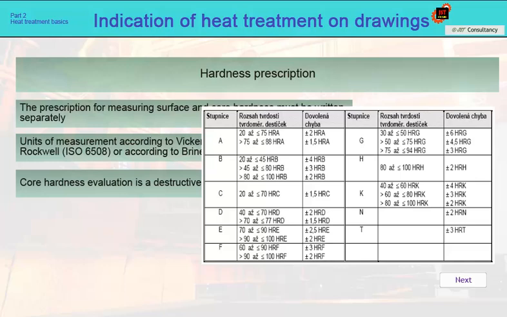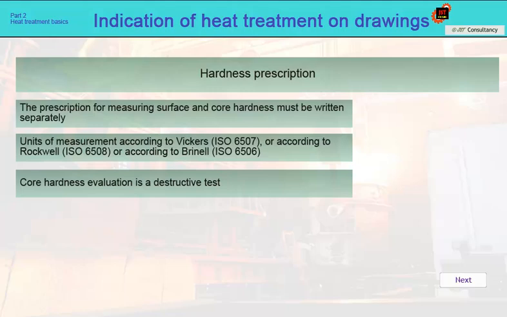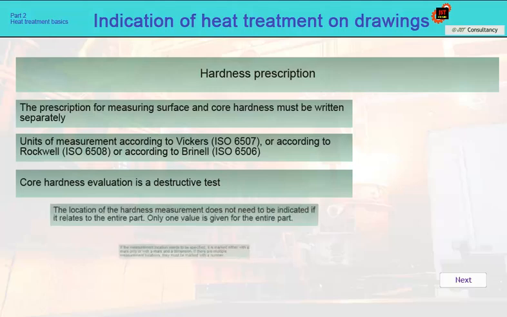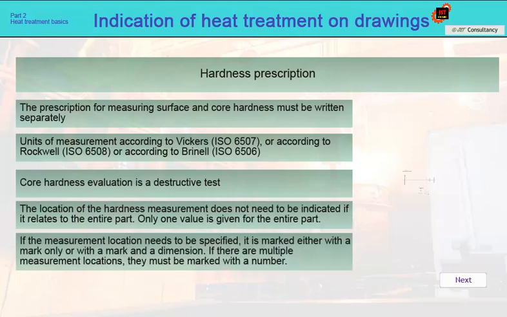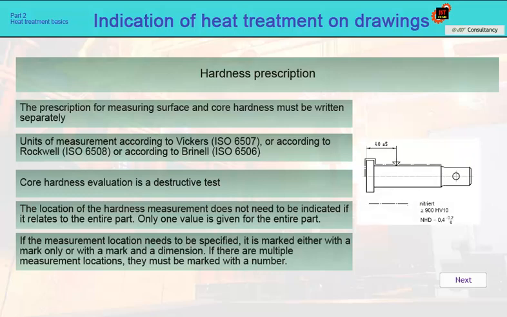For example, for the Rockwell method, the accuracy is plus or minus 1.5 Rockwell, a total of 3 Rockwell, and therefore the tolerance band prescription should be equal or greater than this value. The measurement location must be marked on the drawing with a mark, or a mark and a dimensioned position.